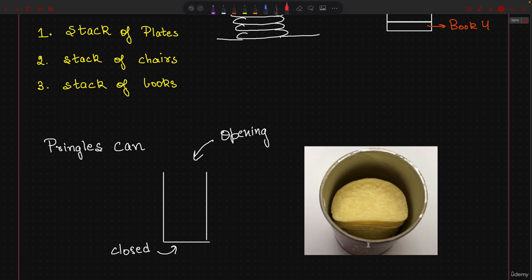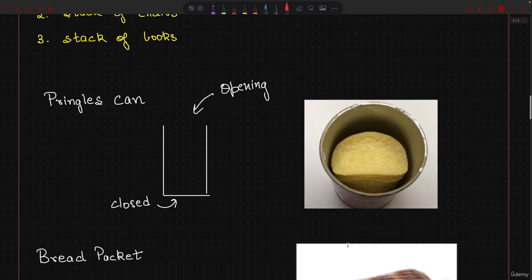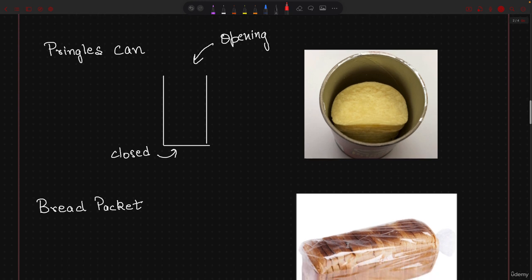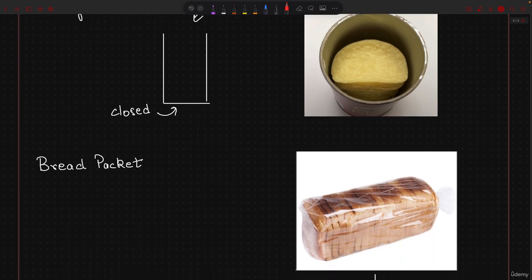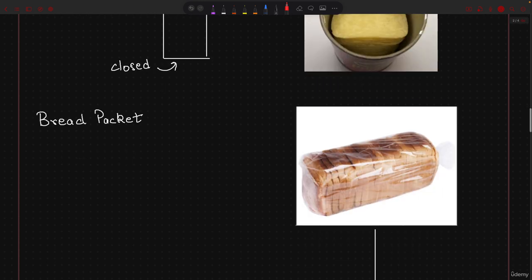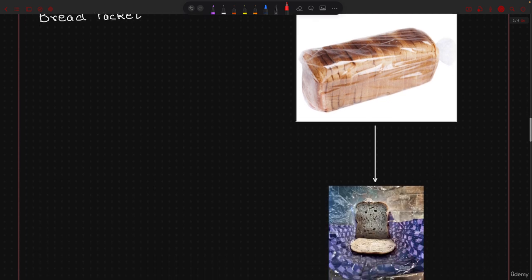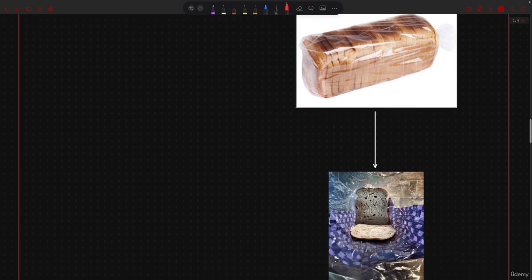Now, let me give you another very easy example from day to day life, a bread packet. Many of us might be seeing or thinking about a bread packet like this, right? It is kept horizontally, but that is not how I want you to think of this bread packet. Think of this from a top view, when you get the breads out. Now here, you can just access the top one, right? So let's say this we have gotten out.